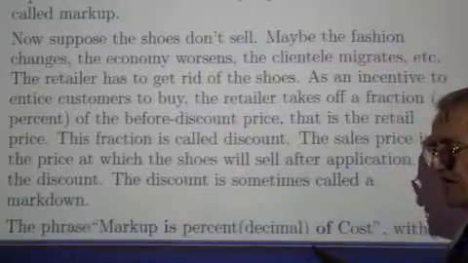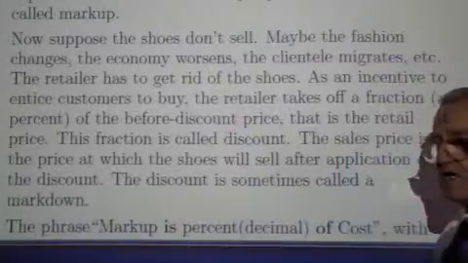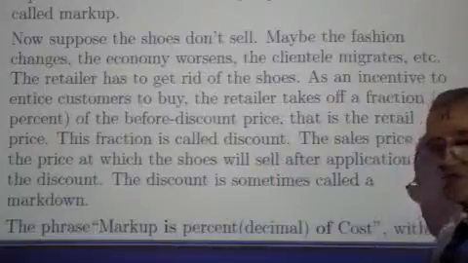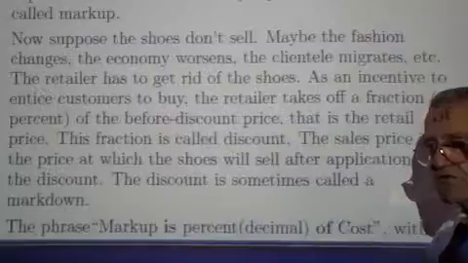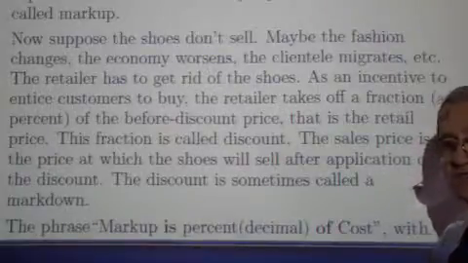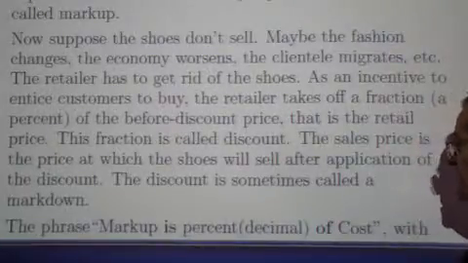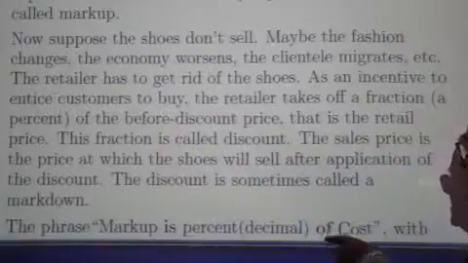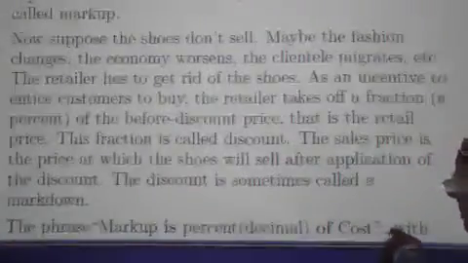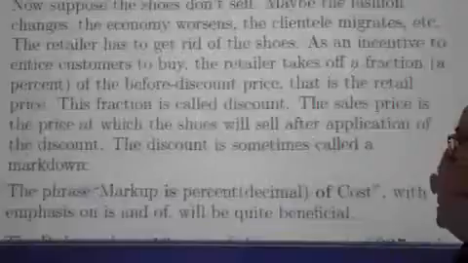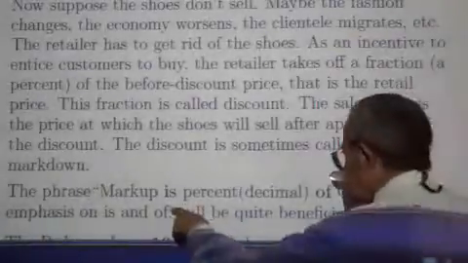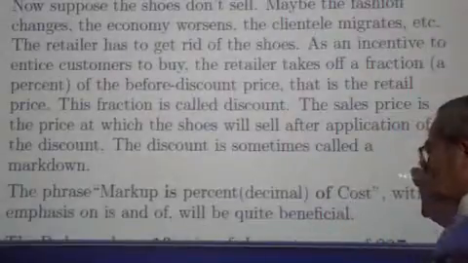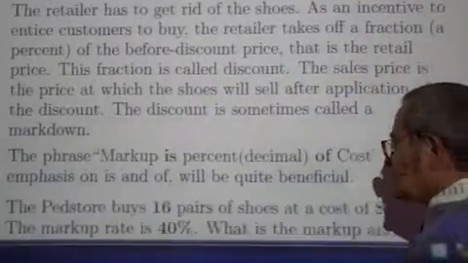After you want to get rid of the shoes, you want a markdown or a discount of the regular price that didn't sell, that gives you the sales price. The phrase markup is percent of cost emphasizes again the is and the of. Markup is percent of cost, and this will be beneficial.